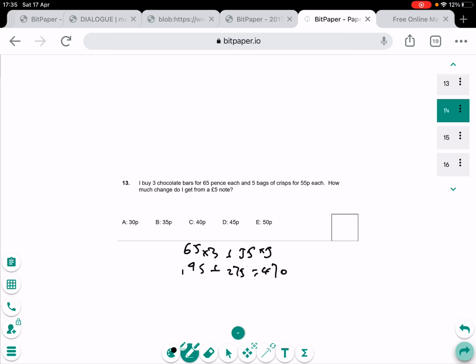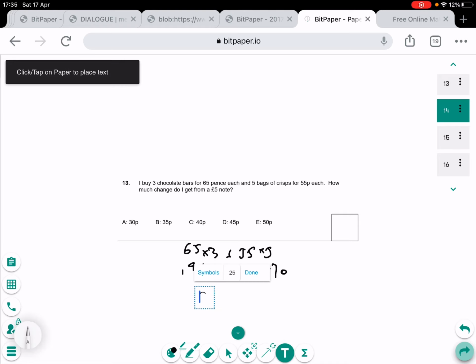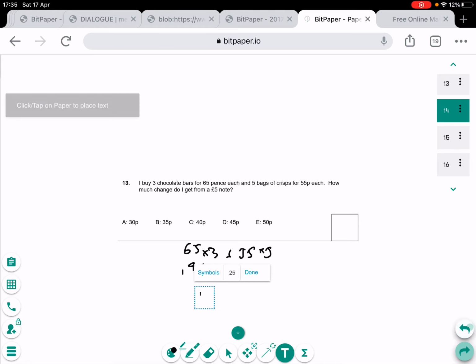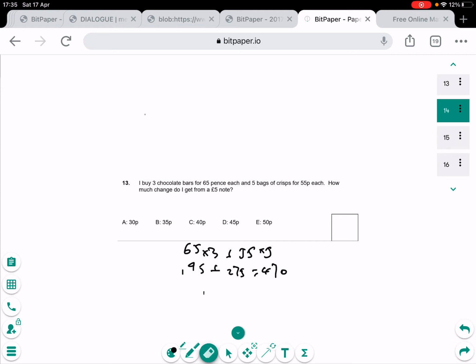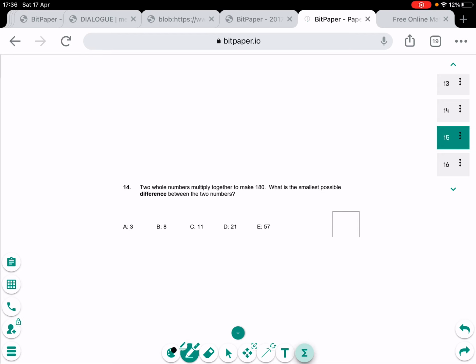So therefore that would be 500 minus 470, which equals 30 pence. So A is our answer, 30 pence.